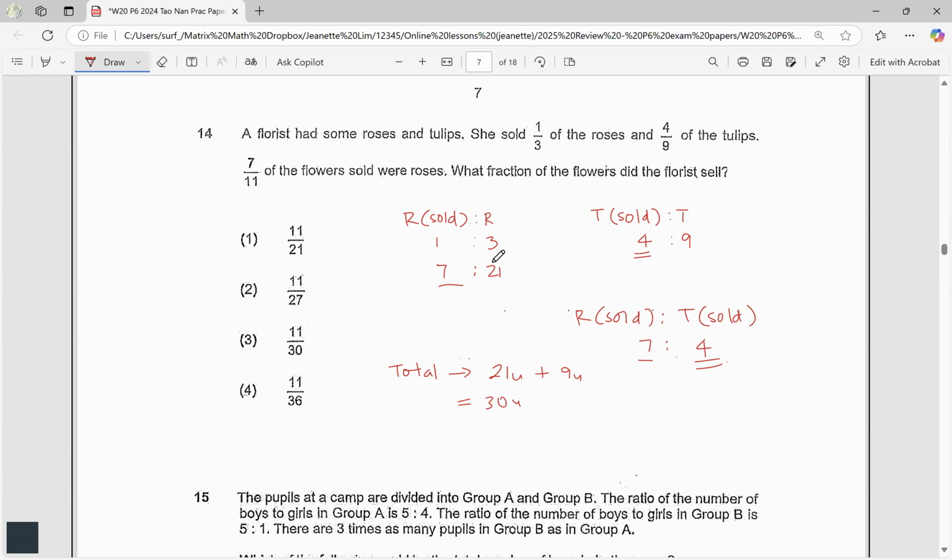I got it from here, roses and tulips. Then the total number of flowers sold would be 7 and 4. That's 11. So my answer would be 11 out of 30. Option 3.